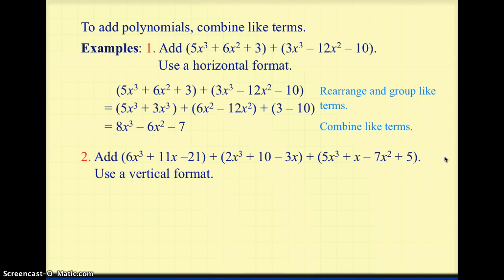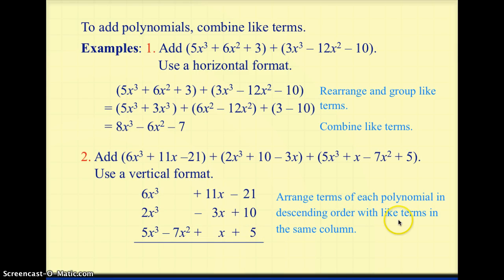Now we are going to add these polynomials using a vertical format. You may choose either of the two formats to use, whichever you feel most comfortable with. When we set up the vertical format, you're going to set it up like you would set up a normal addition problem.